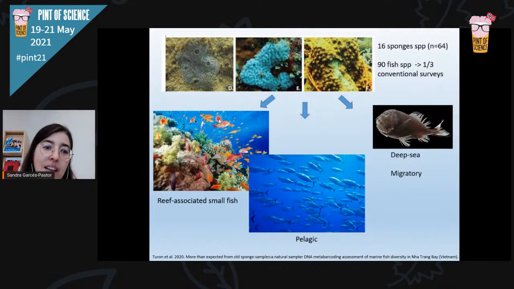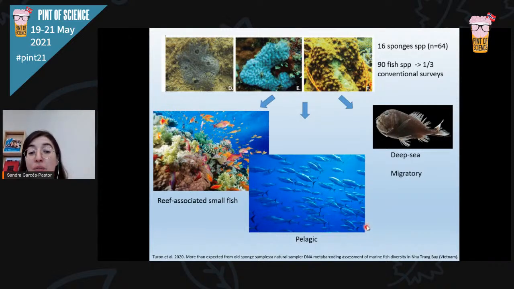The main fish that they found were the fish that typically live in the coral reefs, and they are the ones that are closer to the sponges. So these were the more expected to find.